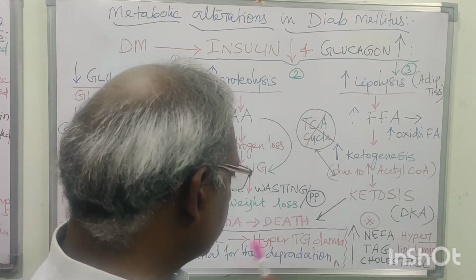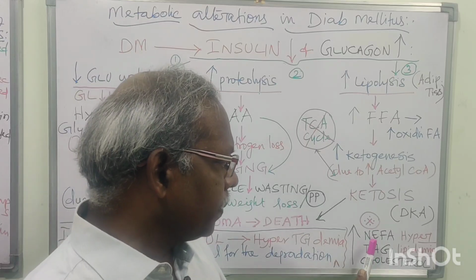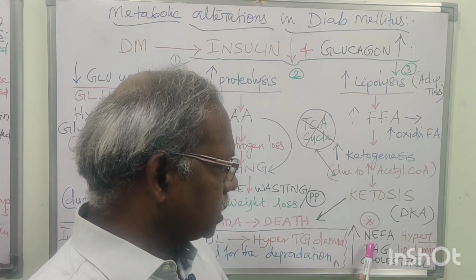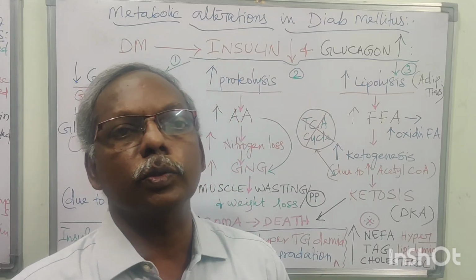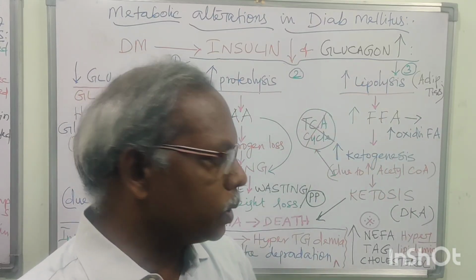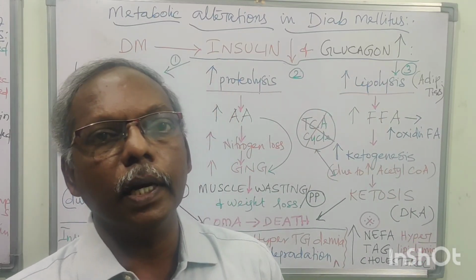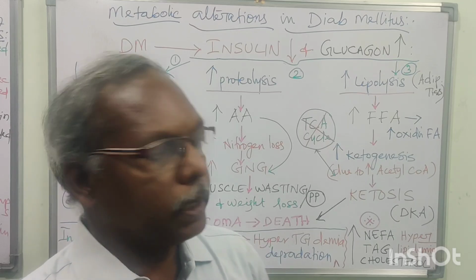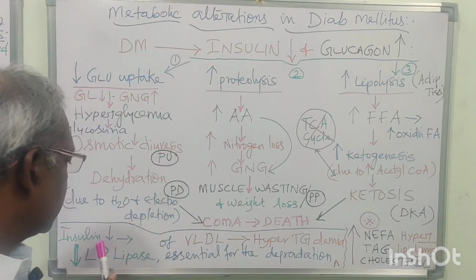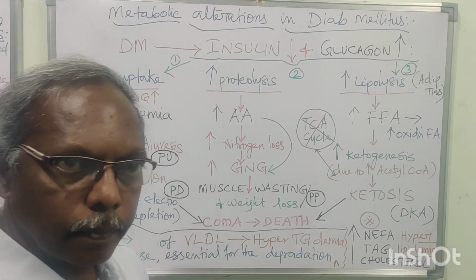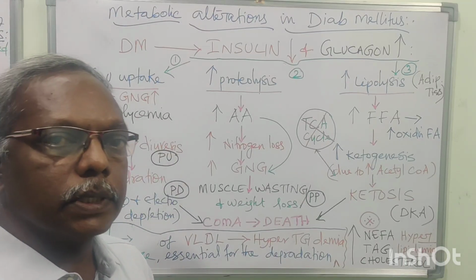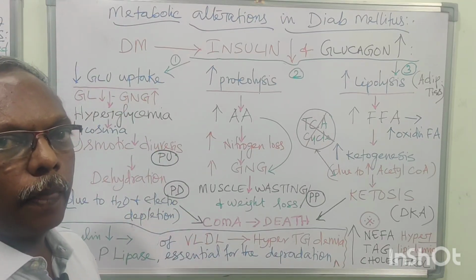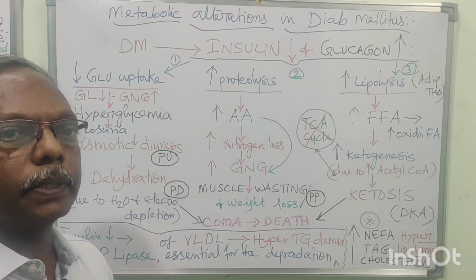The extra two points for lipid metabolism are, in this mechanism, the non-essential fatty acids, TAG and cholesterol also will go up in excess amount and produce hyperlipidemia. Right? The next point is, because of the deficiency of insulin, the important enzyme lipoprotein lipase is also decreased. What is the role of lipoprotein lipase?